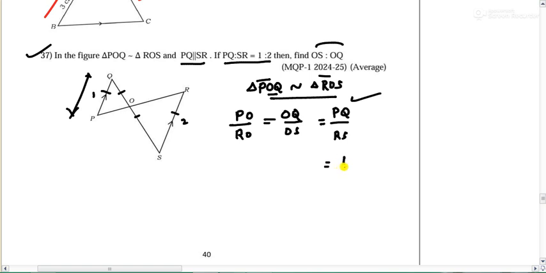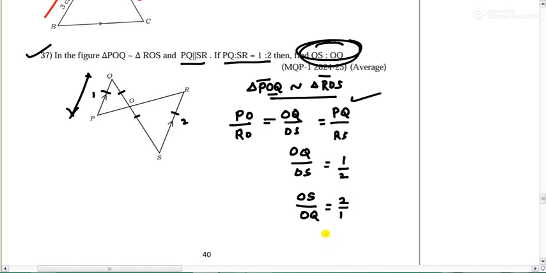RS is 2. So what is OS? Here we have OQ by OS, but they are asking the opposite, OS by OQ. So just tilt it, OS by OQ. On the RHS also this becomes 2 by 1. So the answer is 2 is to 1. Got it? Any doubt here? Very easy question, just a little tricky, isn't it?